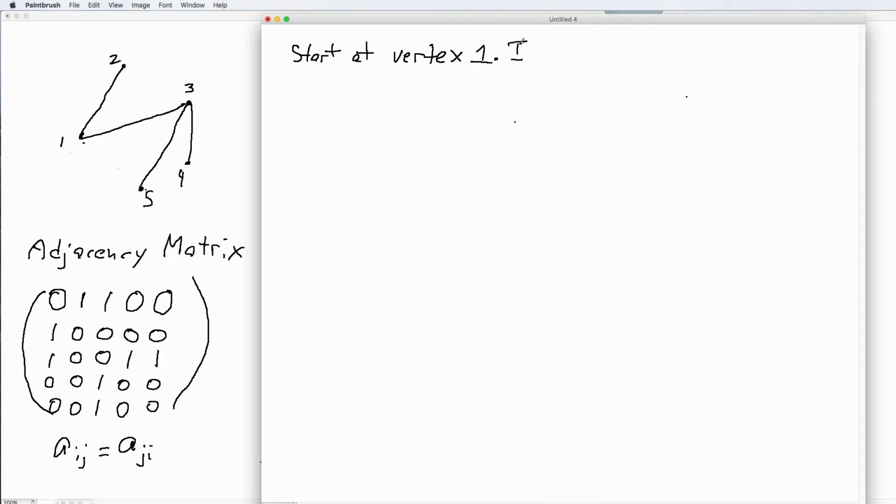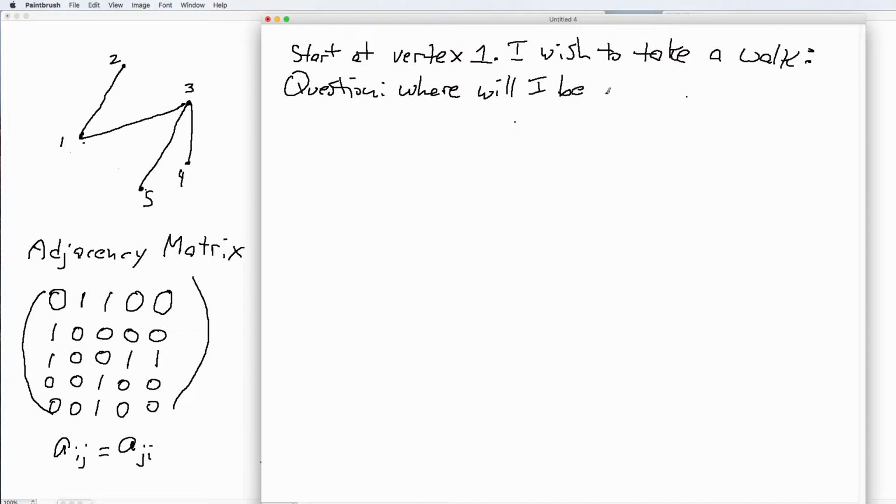And I wish to take a walk. And the question I have is, where will I be if I restrict myself to a path of length 2?